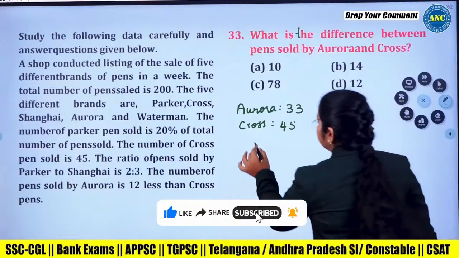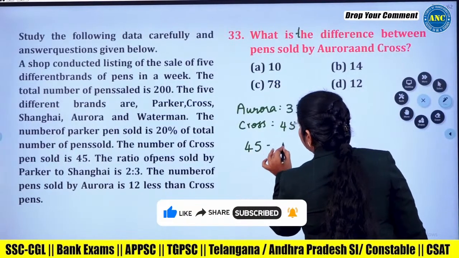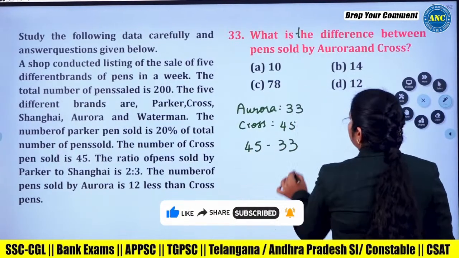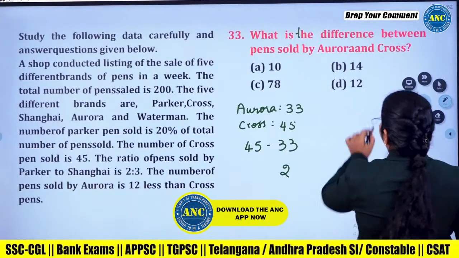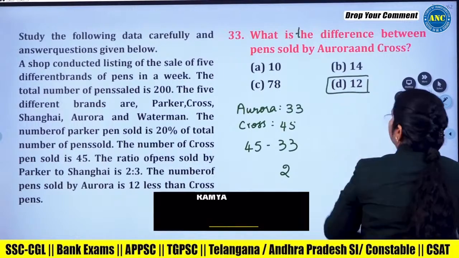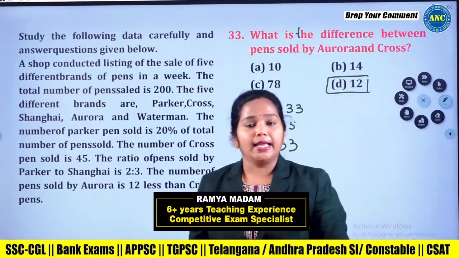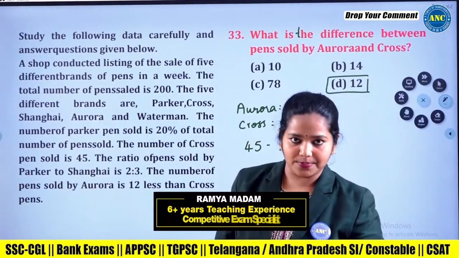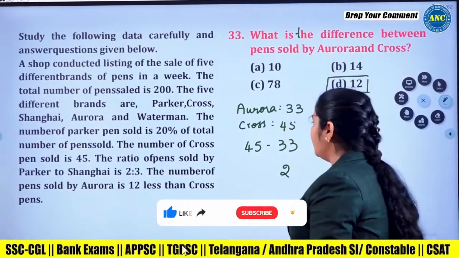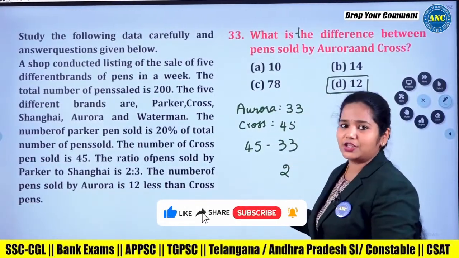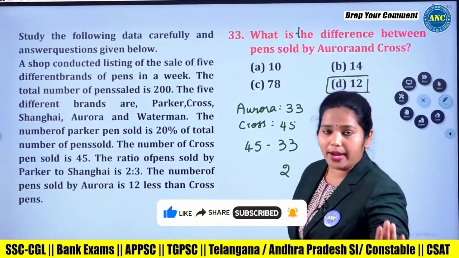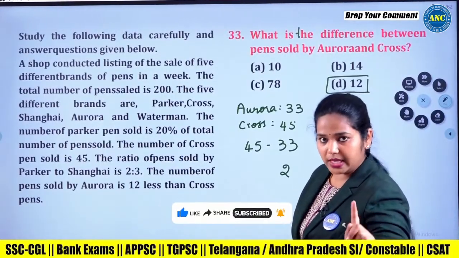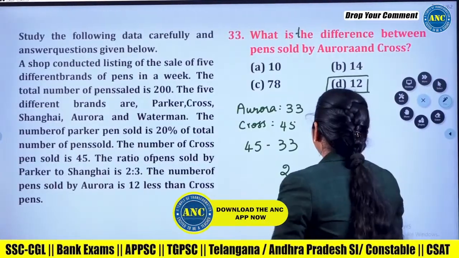We need the difference, so 45 minus 33. 5 minus 3 is 2. Check the options where we have 2 at the end. Option D, 12 is the correct answer. This is a very simple calculation, so you can do it also, but it is not required. Next question.